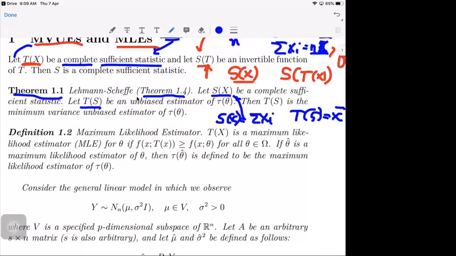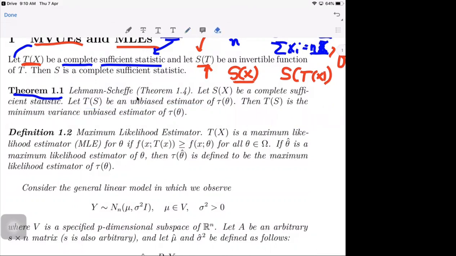So if T of S, aside from being a complete sufficient statistic, is an unbiased estimator, so if our x bar is an unbiased estimator, then this T of S is the MVUE, or minimum variance unbiased estimator.